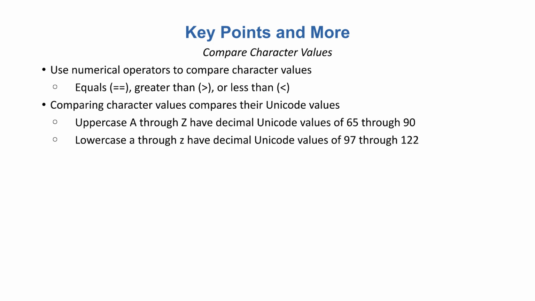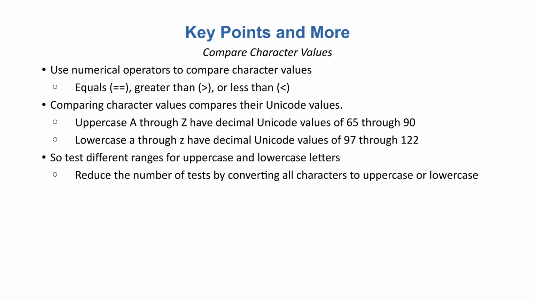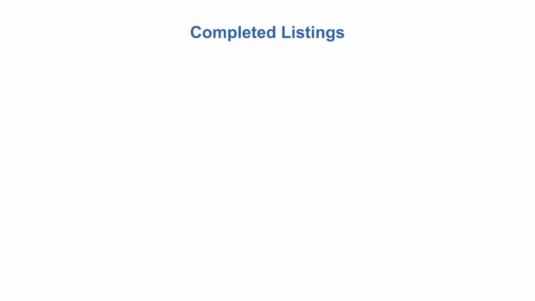Lowercase a through z have decimal Unicode values of 97 through 122. So be aware that when you want to test for alphabetic characters, you must test different ranges for uppercase and lowercase letters. You can reduce the number of tests required by first converting all characters to uppercase or lowercase before you compare them. Here are the completed listings for all the exercises in this video.